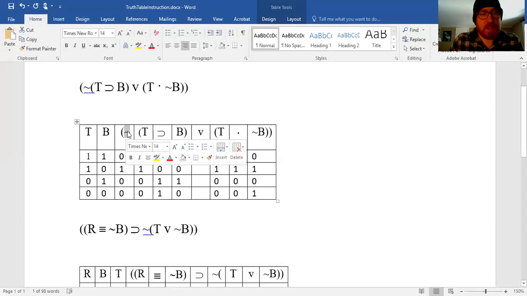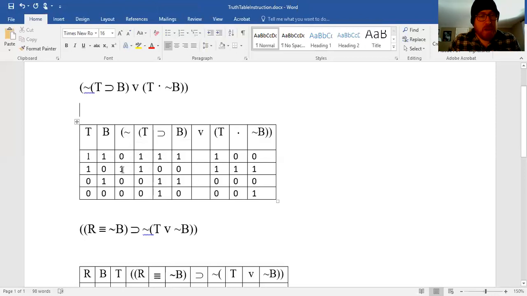So either it's not the case that if T, then B, or it's the case that T and not B, okay? So the value of the wedge is determined by the value of the tilde and the value of the conjunct over here. So here we have false or false. So either this is false or this is false.